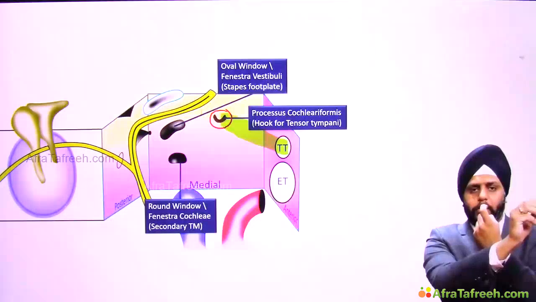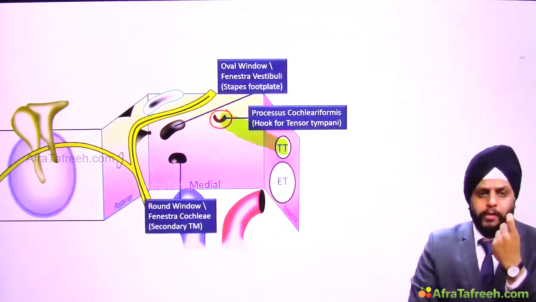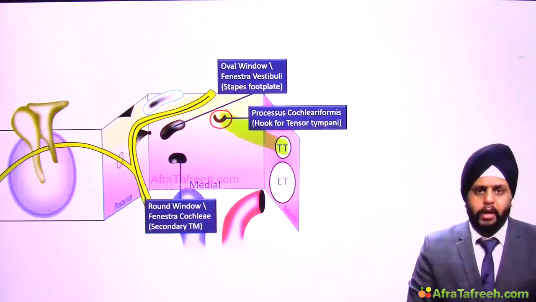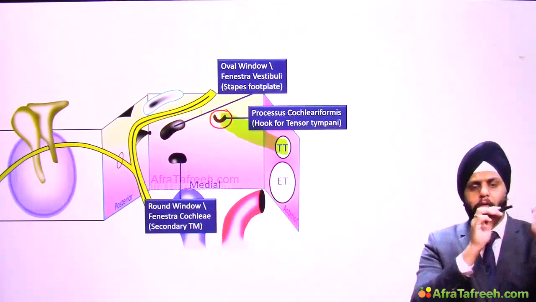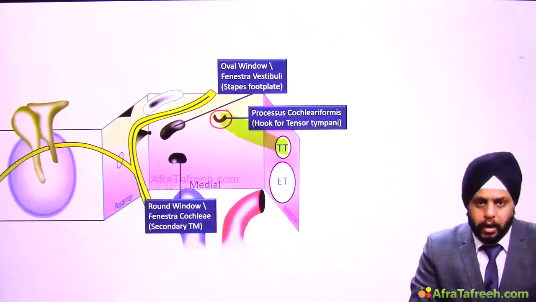So this hook, processus cochleariformis, is a hook for which muscle? Tensor tympani muscle. Remember, anterior wall, we have the tensor tympani, goes to the medial wall, takes a turn at processus cochleariformis, goes and attaches to the handle of malleus.